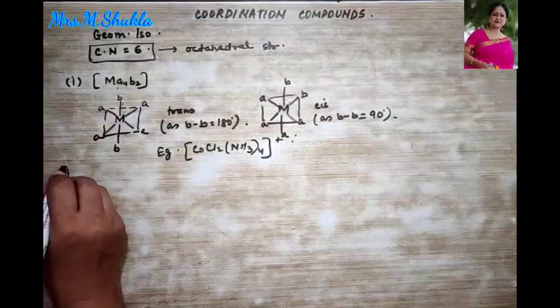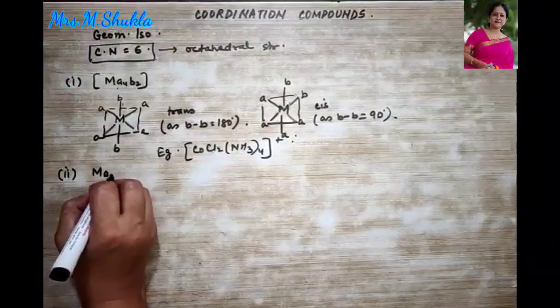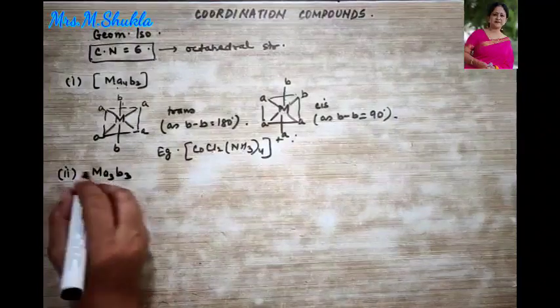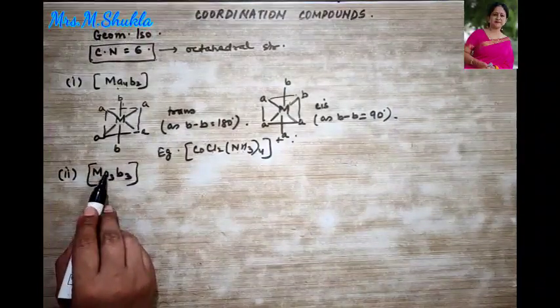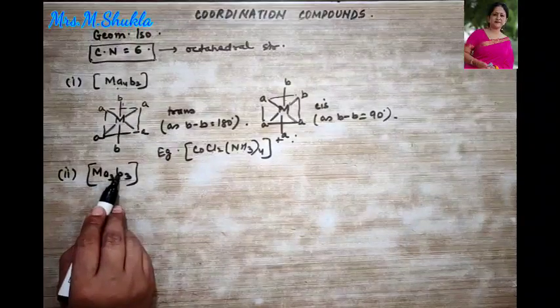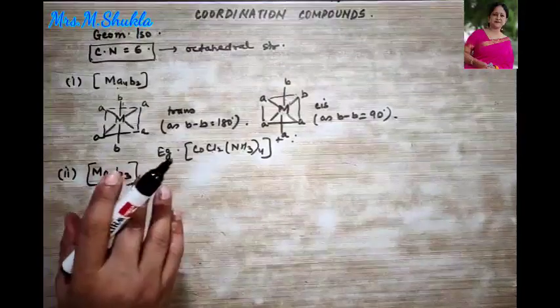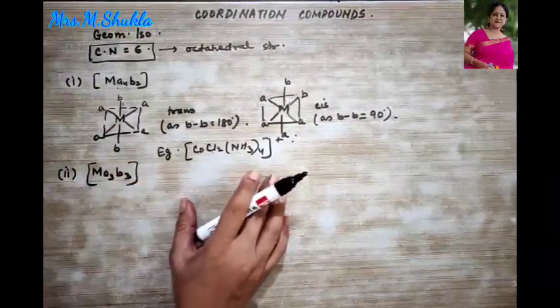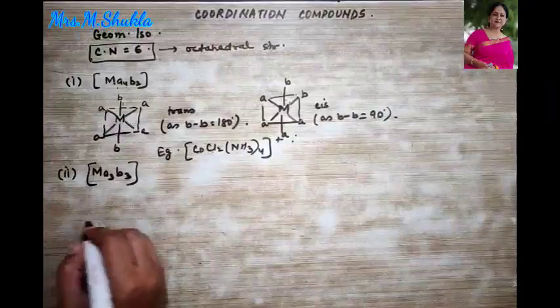Let's come to another combination where MA3B3. Okay, where 3 ligands are of one kind and 3 ligands are of another kind. In this case, we form fac isomerism and mer isomerism. Okay, and they are called isomers.